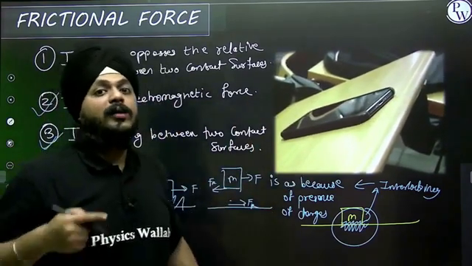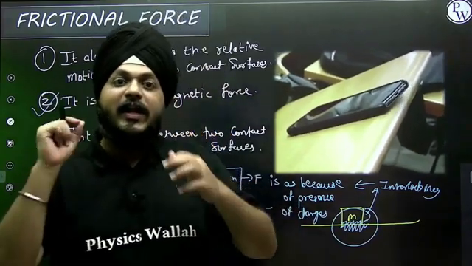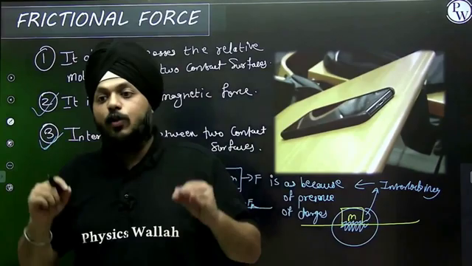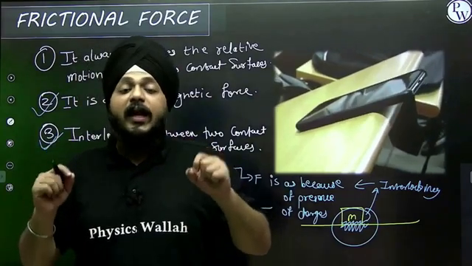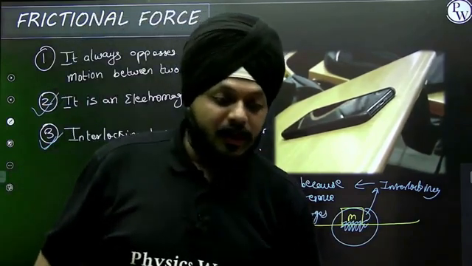This is how friction opposes. So in all of these cases, if the direction of friction is asked, you always have to consider that it is to oppose the relative motion between the two contact surfaces.